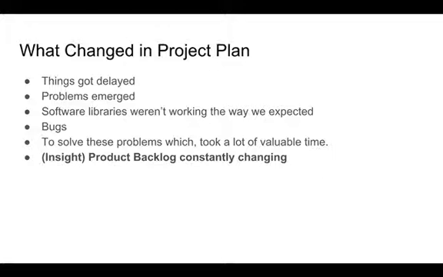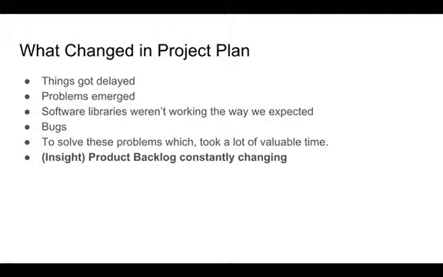So what changed in our project plan? We had a plan of how things were going to go and how we would use our time, and how the velocity and the story points would be accumulated through the project, but things did not go as planned. Problems emerged and bugs came to us when we were working on the project.